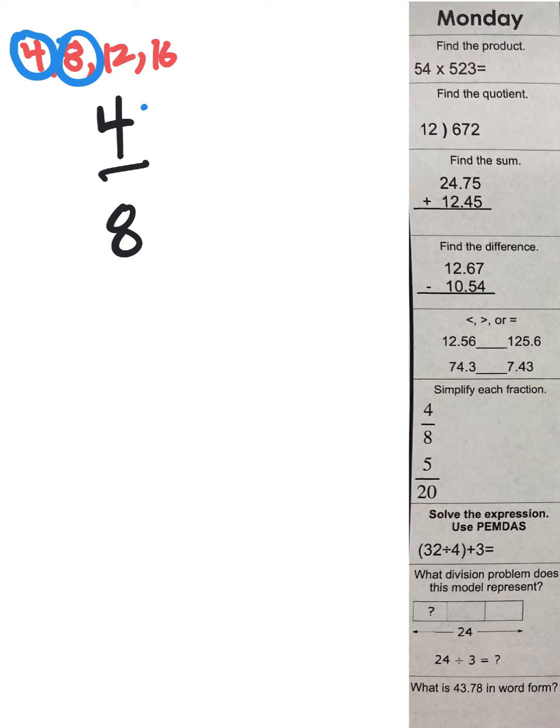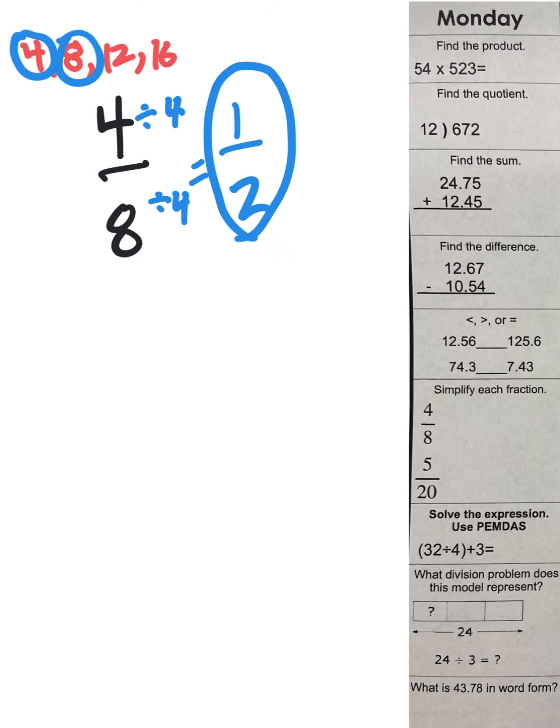I also know if I divide these, I am simplifying. I'm going to divide by 4. 4 divided by 4 over 8 divided by 4 is 2, so it is equal to 1/2. I have simplified 4/8 and it is equal to 1/2.